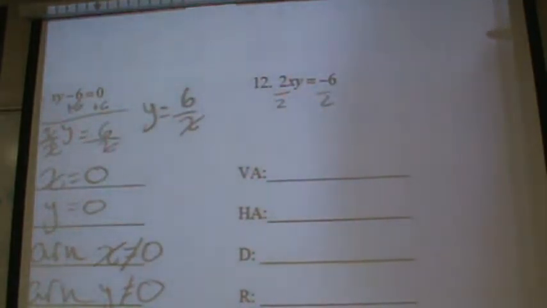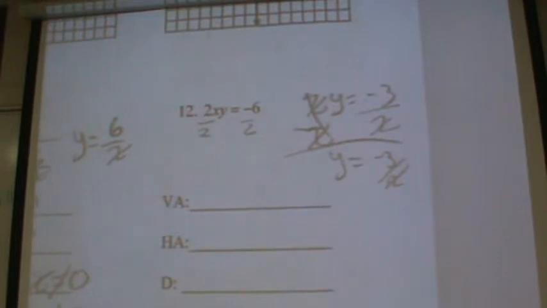Last one for the paper. Right, you're going to divide by 2. What's negative 6 over 2? Negative 3. Negative 3, right. You're going to change it to xy equals negative 3. Divide by your x. y equals negative 3 over x.